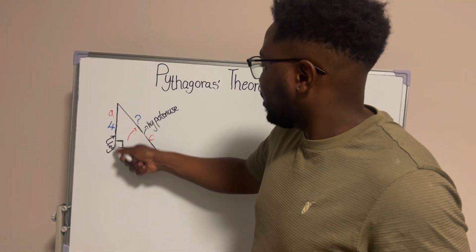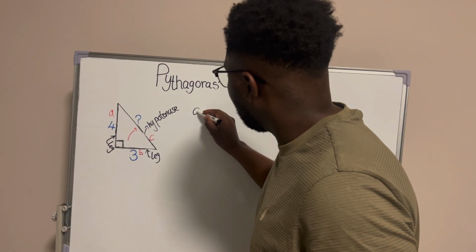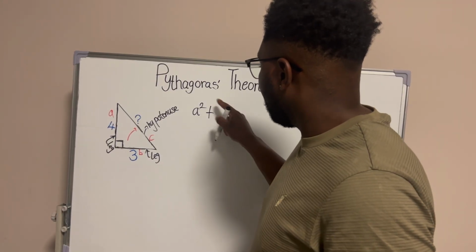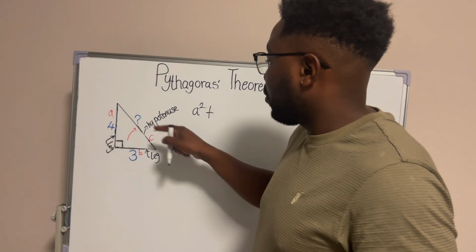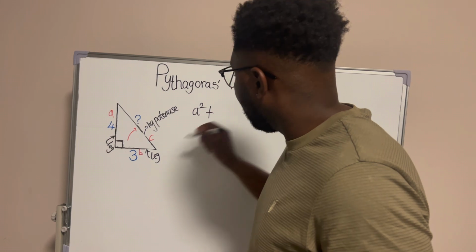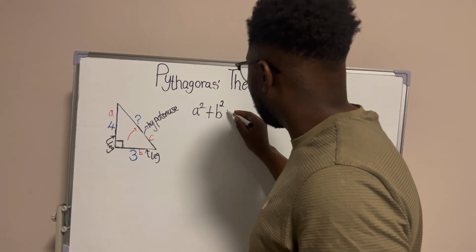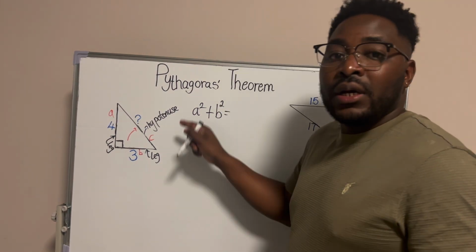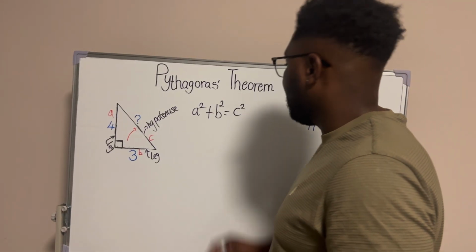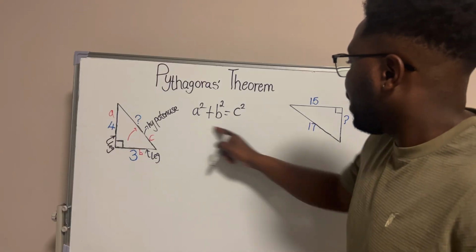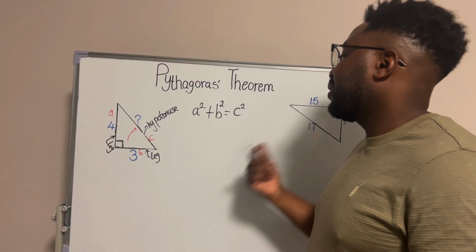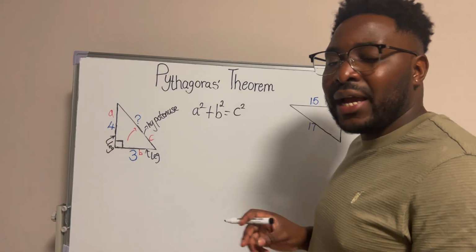So then this side over here is A, so that would be our A squared plus, I'm using the plus sign over here because we're talking about the sum of squares of the two legs, and this other leg is B, which is going to be our B squared, equal to the square of the hypotenuse, which is C squared. Okay, so there we go. This equation over here is what we use to find the missing side of any right triangle.